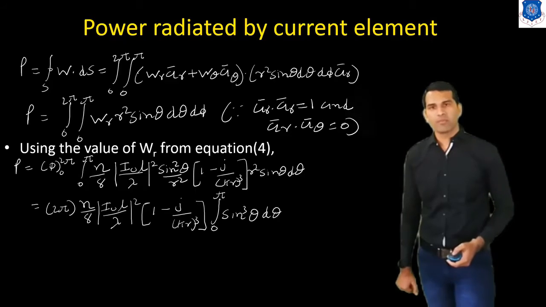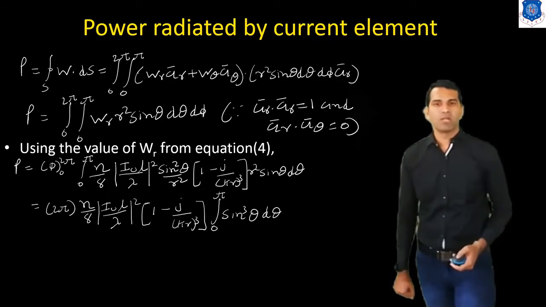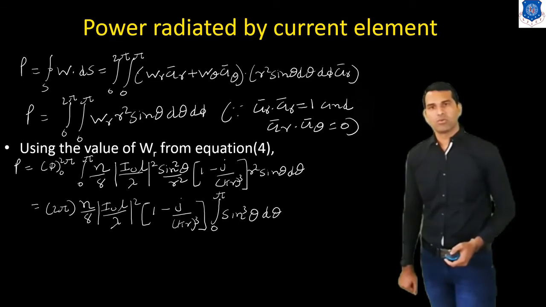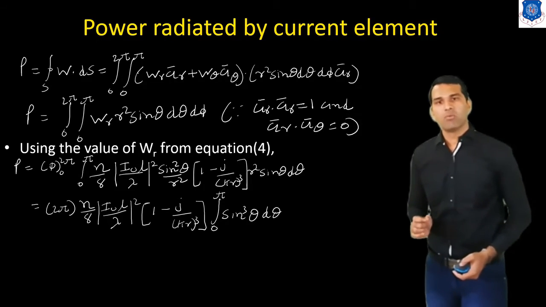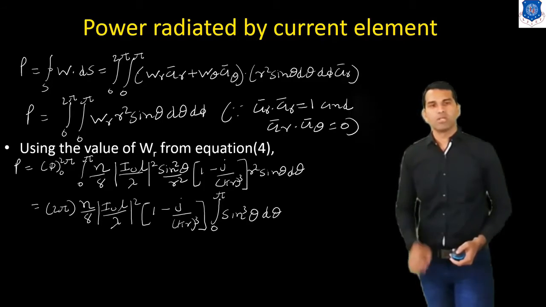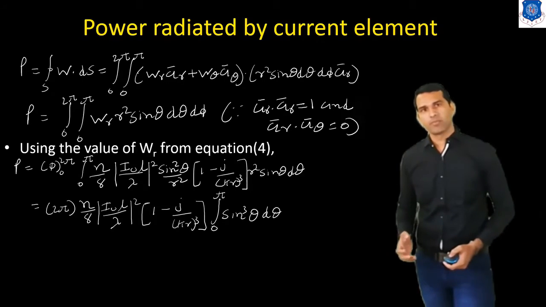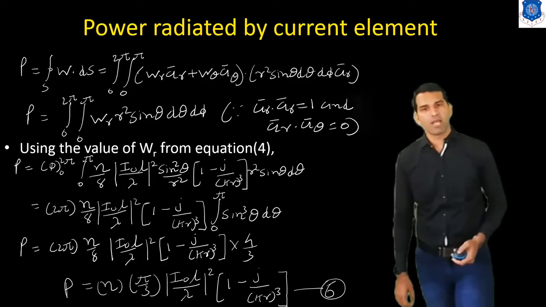So P is the integral from 0 to 2π, 0 to π of η/8 (I0 L/λ)² sin²θ / R² (1 - j/(kR)³) R² sin θ. Solving the φ integral, we get 2π, and the remaining portion, η/8 (I0 L/λ)² (1 - j/(kR)³), is common, and in the integration term we have the integral of sin³θ from 0 to π. Solving the sin³θ dθ integral from 0 to π, we get the value 4/3.